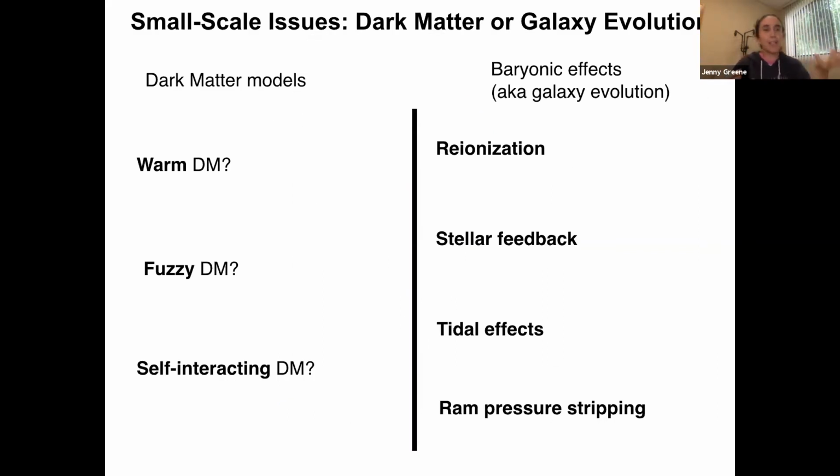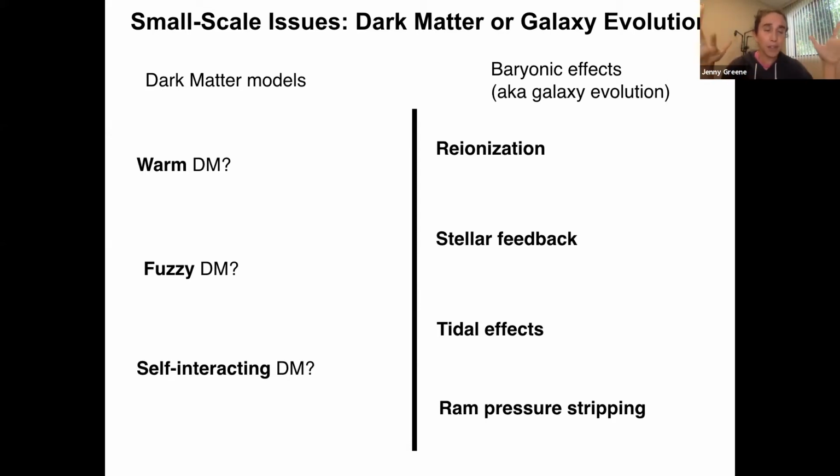And there's this tantalizing possibility on the one hand that they're going to lead to breakthroughs in our understanding of the nature of dark matter. On the other hand, there are all of these baryonic effects, the importance of reionization, particularly for these very low mass subhalos, the role of stellar feedback, which we know happens because we see supernovae driving winds, we see vigorous winds coming out of dwarf galaxies, and then environmental effects like tidal effects when subhalos fall into bigger halos, ram pressure stripping if there's enough hot gas that the galaxies are moving through.